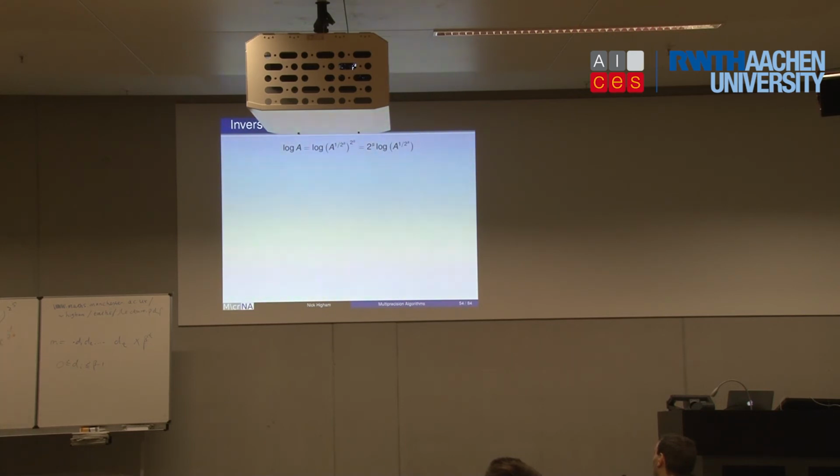He knew that that was true for x. Useful? Well, if you take enough square roots of x, you get x close to 1. So he can then write that as 2 to the s log of 1 plus (x to the 1 over 2 to the s minus 1). And this term is small.